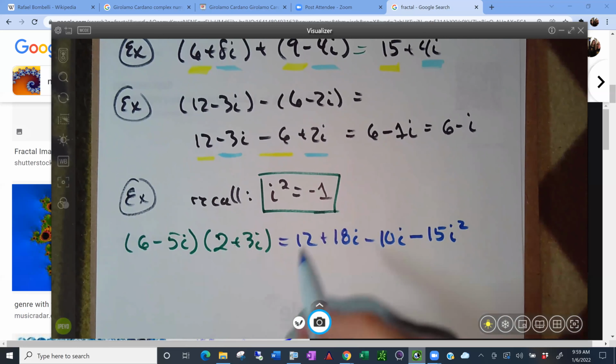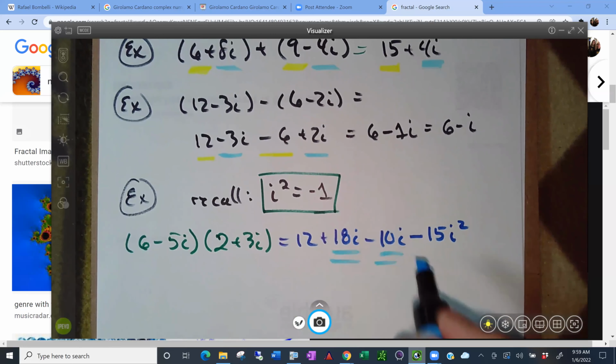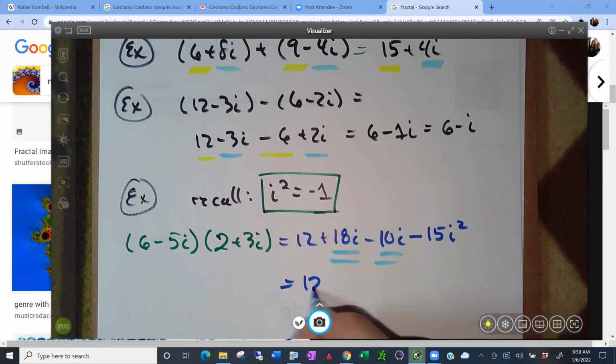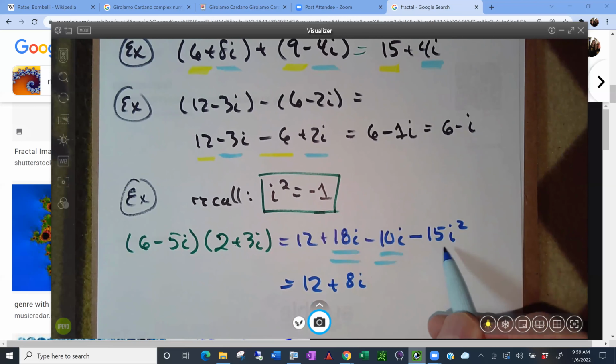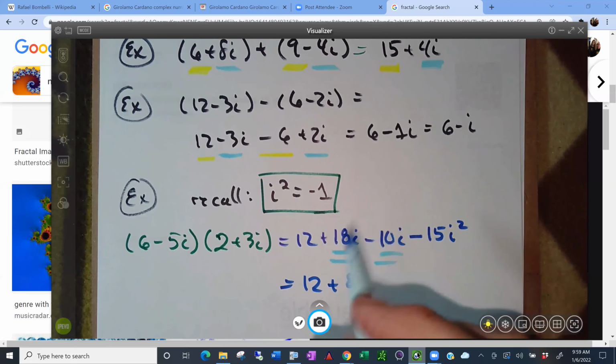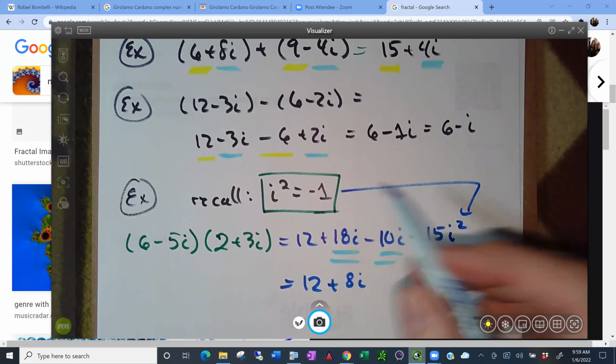Well, let's see. We've got some like terms that we can combine. Those are like terms, so that's good. So we get 12 plus 8i. But now this minus 15i squared is going to change, because remember, i squared is negative 1.